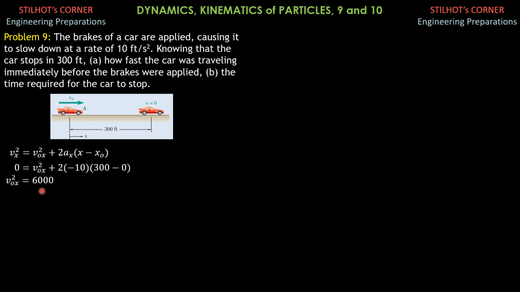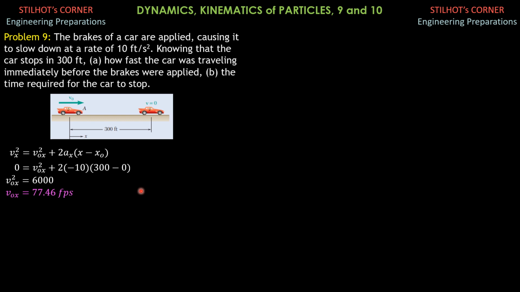Therefore, vox is the square root of 6,000, and of course it is in that direction, so vox is positive 77.46 feet per second. So that's the initial velocity before the car comes to a stop at this position after traveling 300 feet.